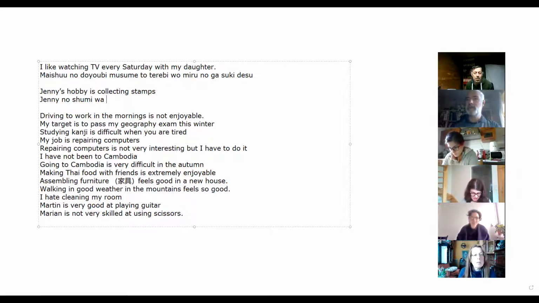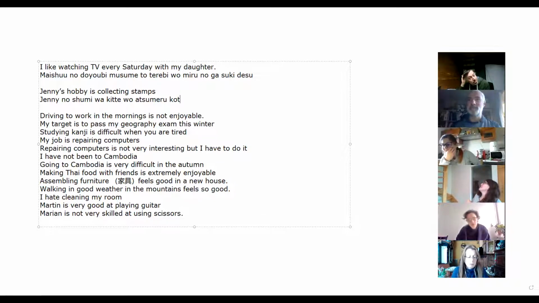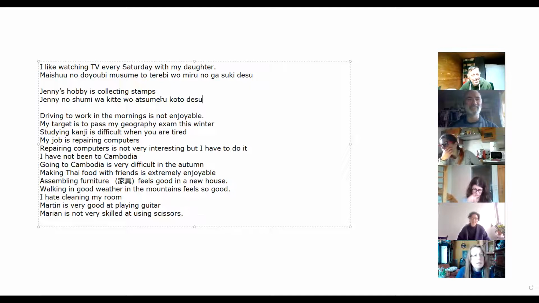Stamps and collecting? Who can help? Atsumeru? Kitte. And then the verb. Atsumeru koto desu. Good. I thought you nearly said no koto desu. Atsumeru koto desu. Good, excellent. Jenny no shumi wa kitte o atsumeru koto desu.